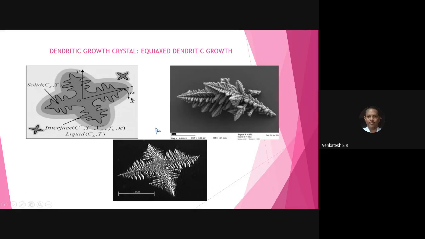In the same way, the crystal grows in size. What is the mechanism behind the growth of the crystal? The crystal grows in size in two directions, that is X and Y. In X, observe at which angle the crystal grows in size. That is the critical angle of the crystal.